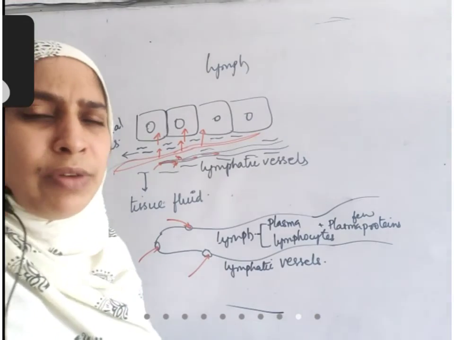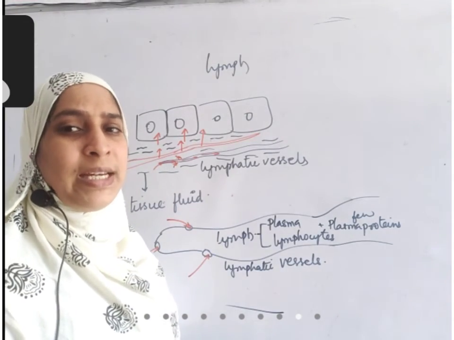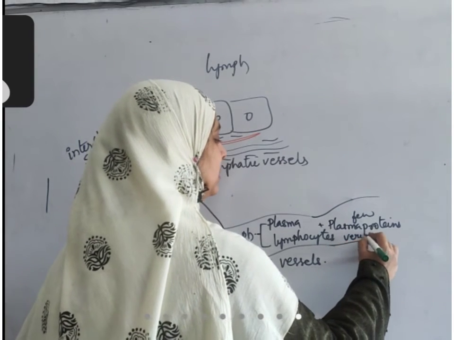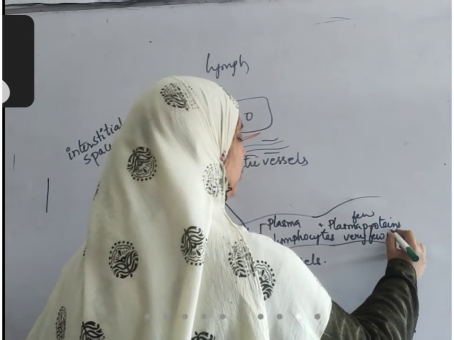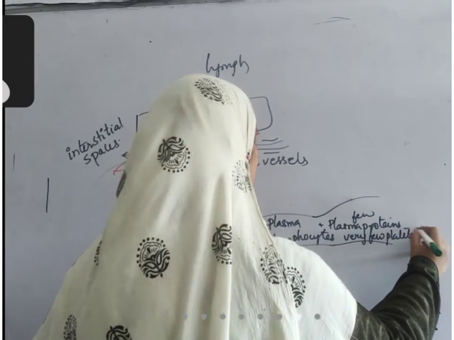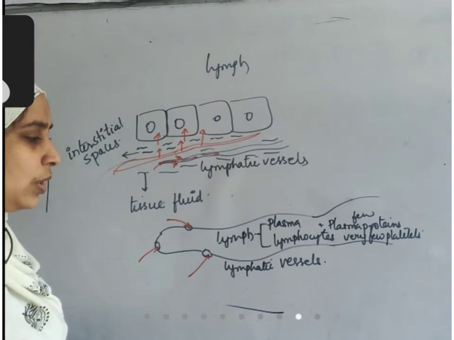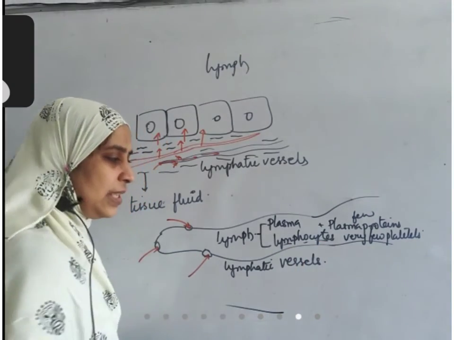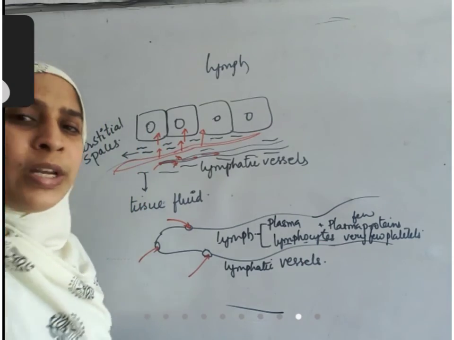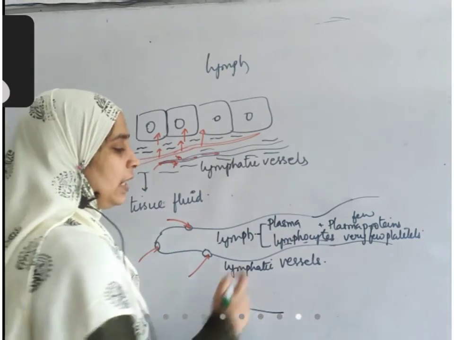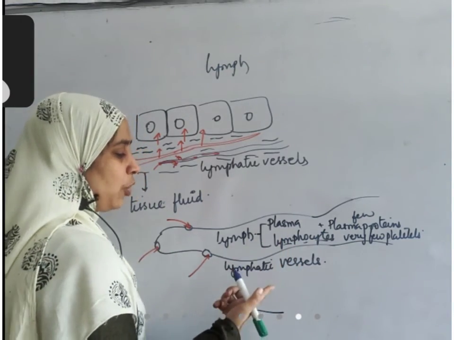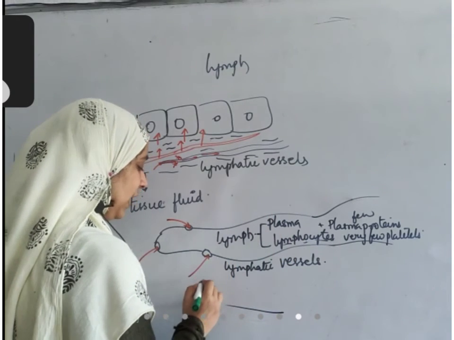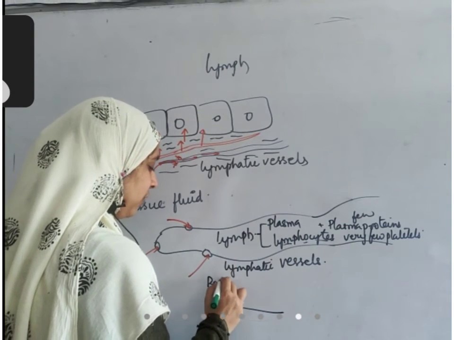Sometimes they may carry a very negligible amount of platelets also, very few platelets. Since lymphocytes are present in lymph, what is the main function of lymphocytes? They produce antibodies. So this lymphatic fluid also helps in body defense.